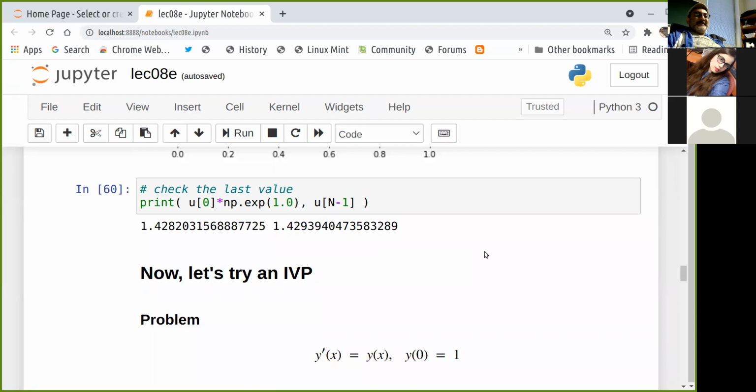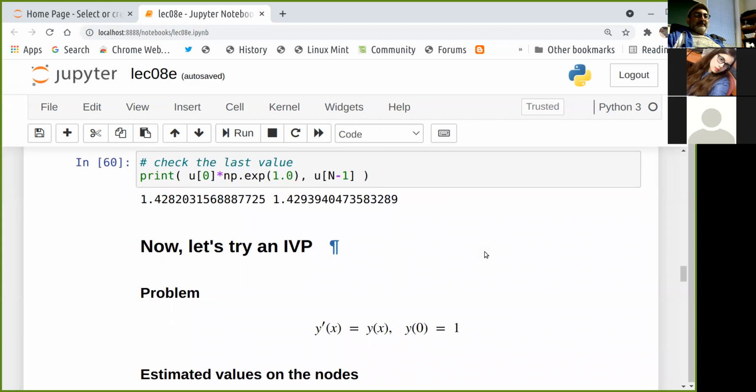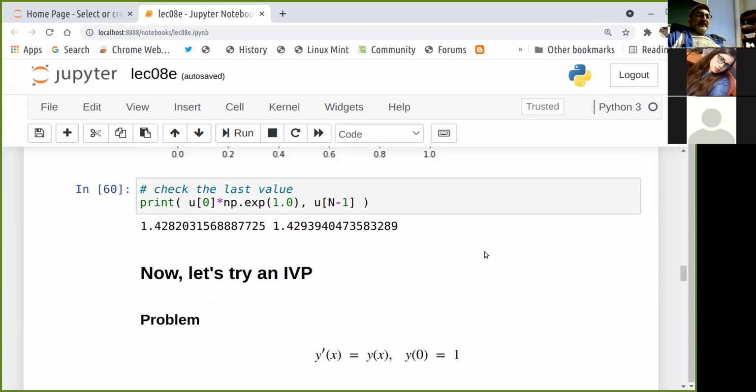Now let's try this with an initial value problem. So y prime of x is equal to y, y of 0 is equal to 1 on the interval 0 to 1. Now, the problem we had previously has in principle infinitely many solutions. How many solutions does this initial value problem have analytically?